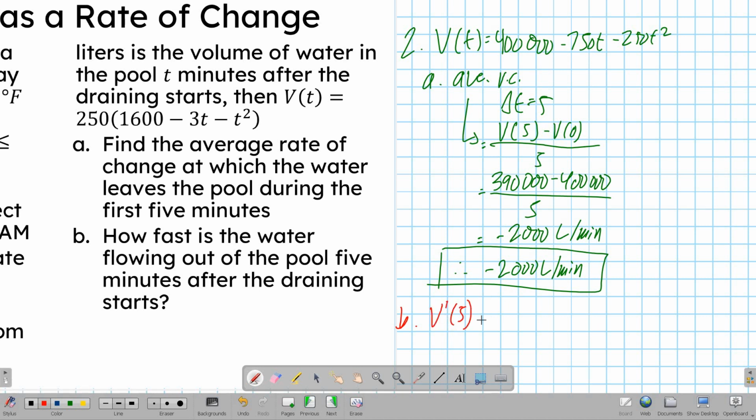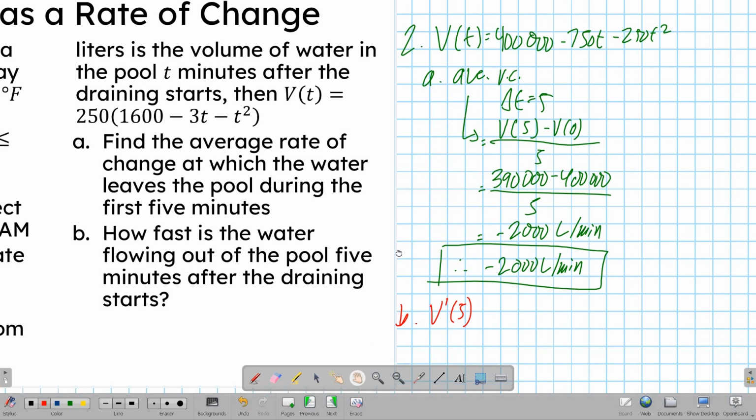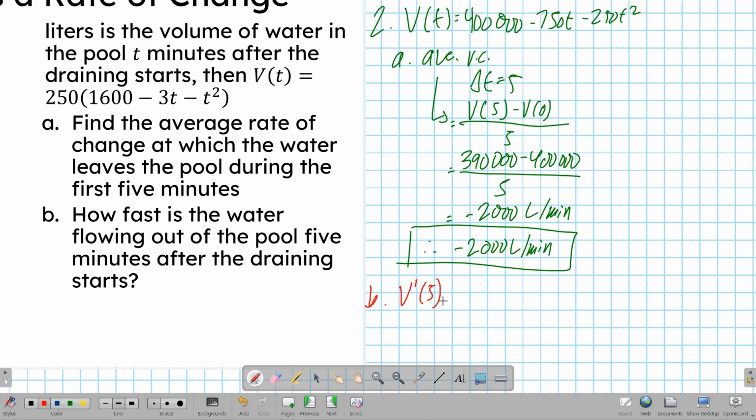First we have to find V prime of t, which will be equal to negative 750 minus 500t.